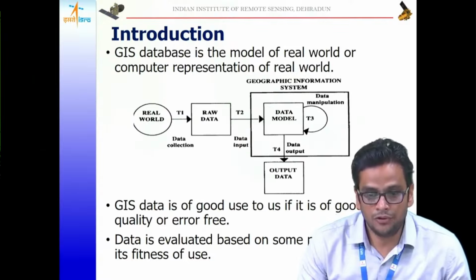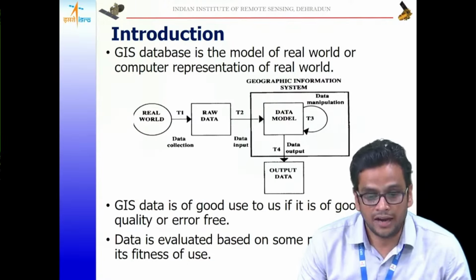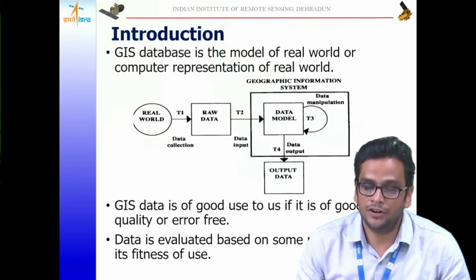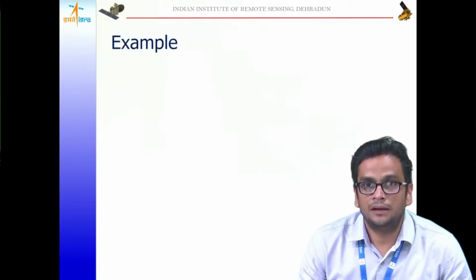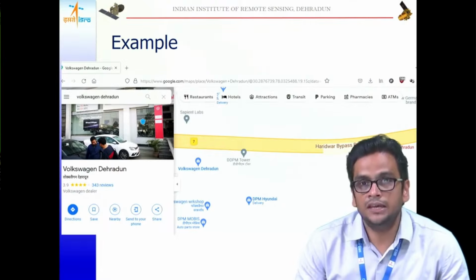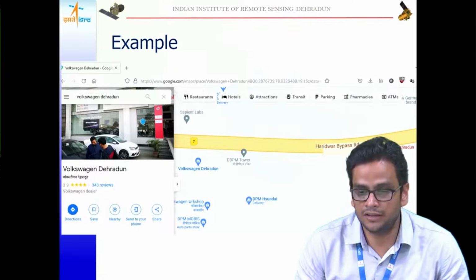GIS data is of good use, as for us it is of good quality, if it is error free, and data is evaluated based on certain parameters, like again I will say, its fitness for use. Take an example of quality. I was searching for Volkswagen Dehradun.